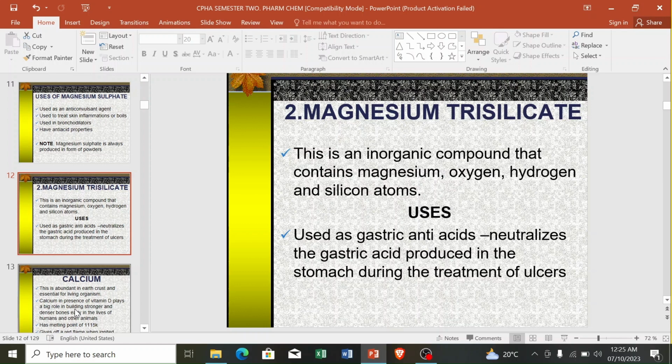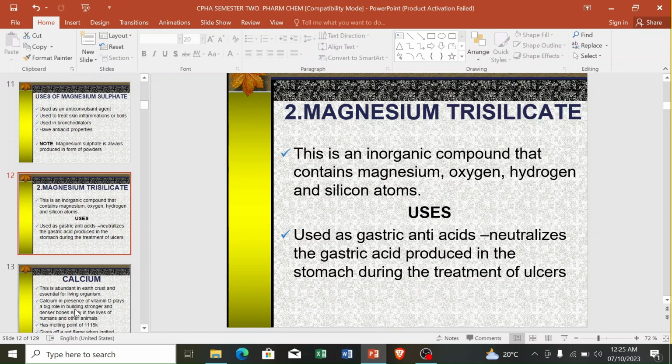What is the use of magnesium trisilicate? It is used as a gastric antacid that neutralizes the gastric acid produced in the stomach during treatment of ulcer. So magnesium trisilicate is majorly used in management of peptic ulcer disease.